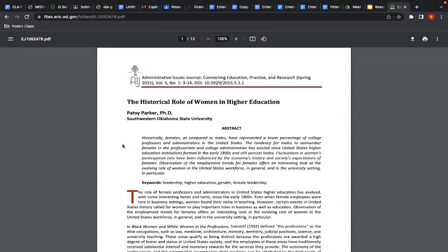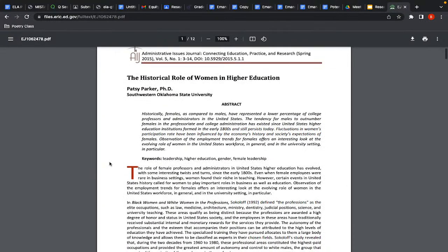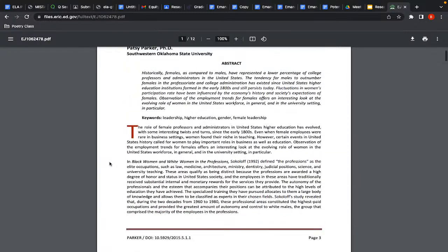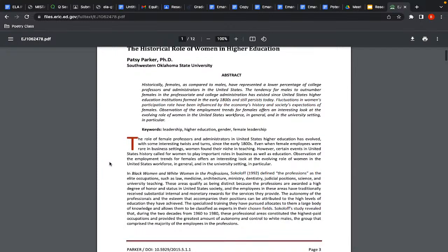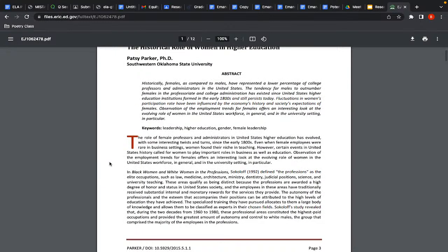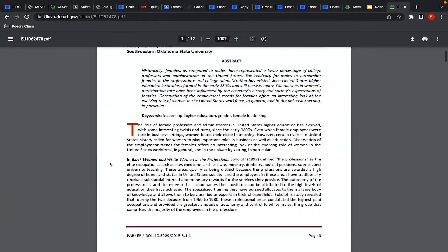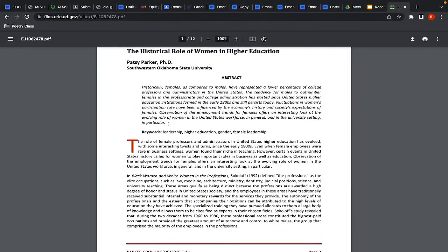It comes out of Oklahoma State University. It's by a PhD. Is this the one I was looking at? Yeah, it is. It's going to be a legitimate source. So here we have the abstract, which usually means just a summary.